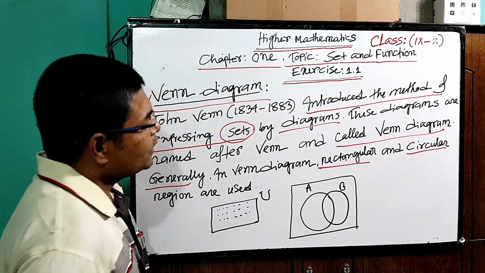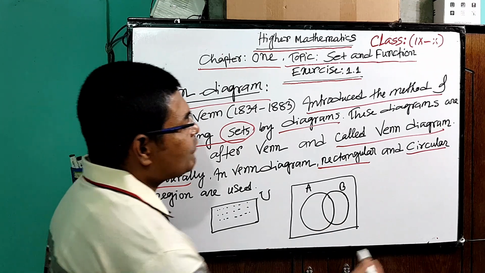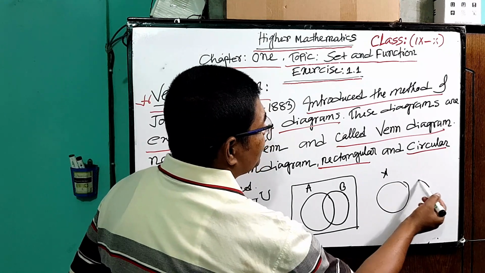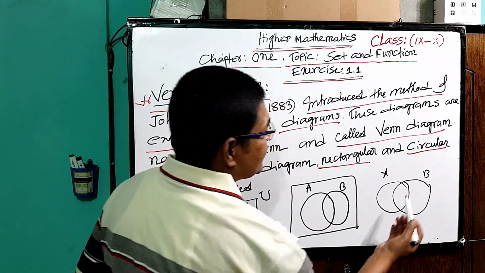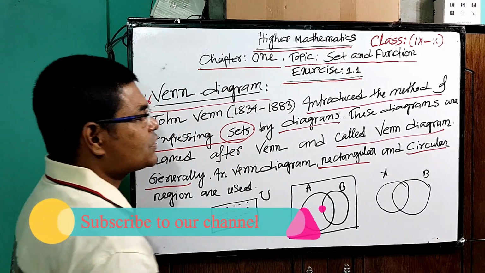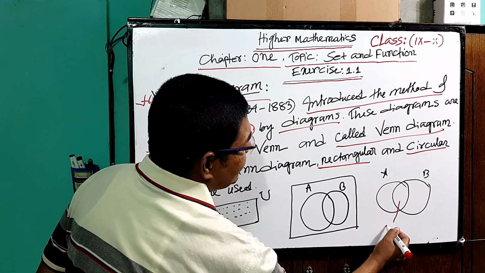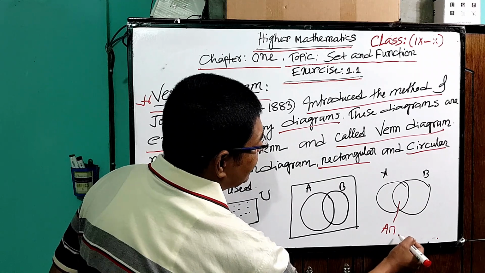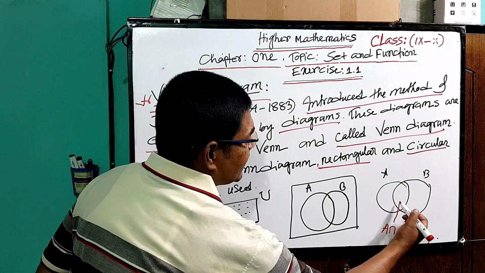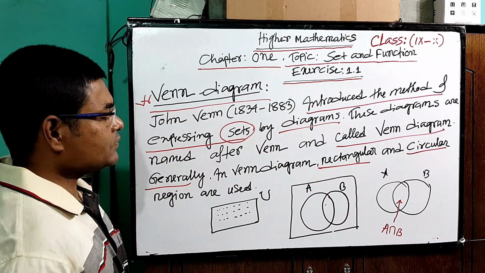A and B cut each other. So what is the name of the common part? A intersection B. This is A intersection B.